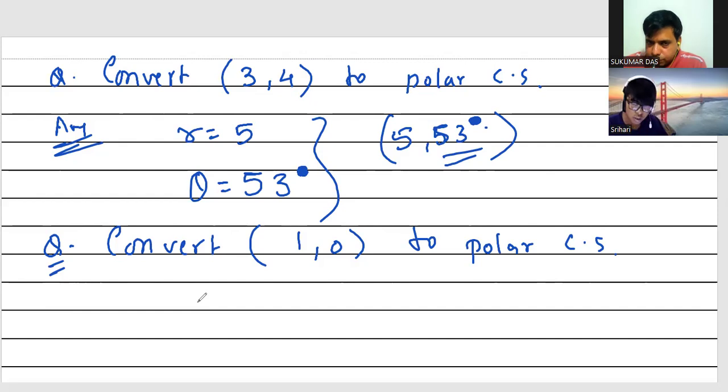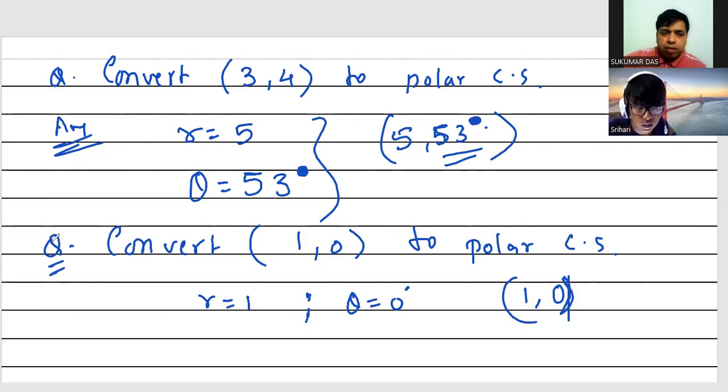So R is equal to 1, correct. That is correct. Good. And I got 0 degrees, correct. So theta is equal to 0 degrees, and our polar coordinates are 1, 0.